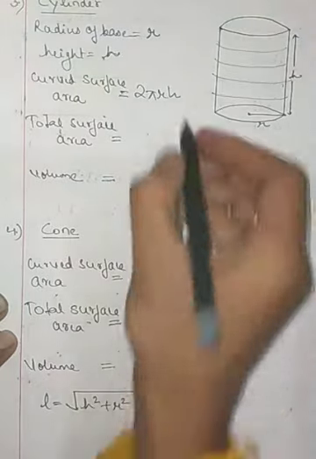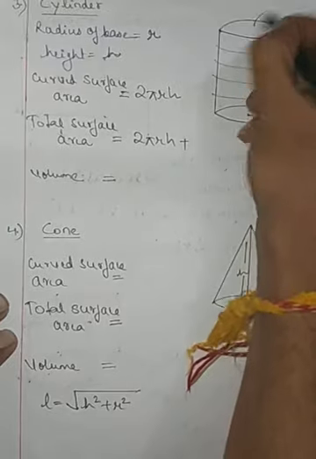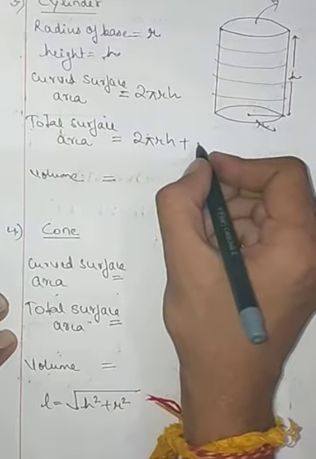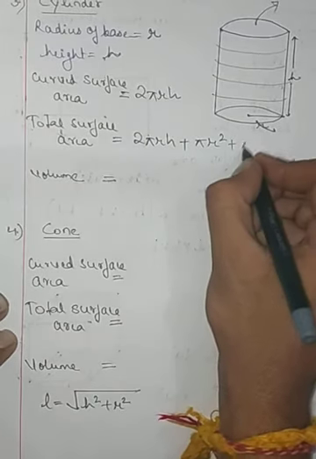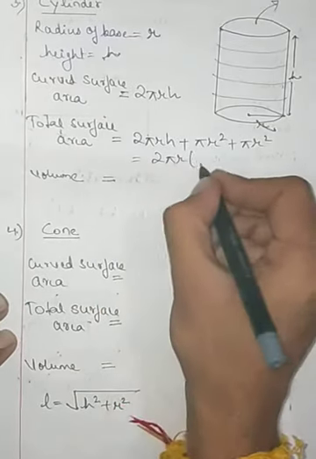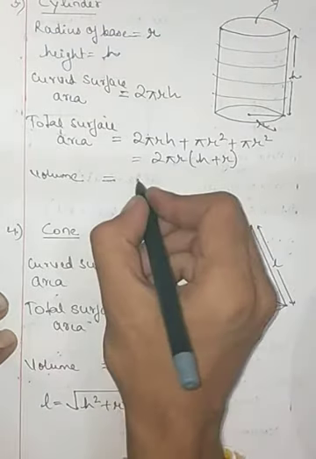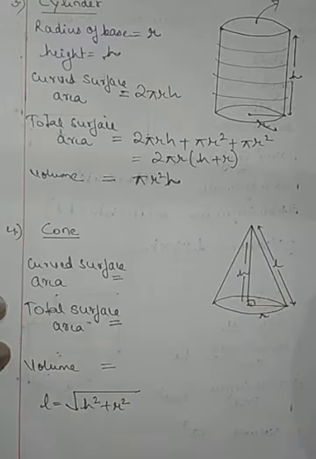Total surface area means this curved portion plus area of the top and area of the base. Area of top is circular, area of circle is pi r square, plus area of the base is again pi r square. So it is given by 2 pi r (h plus r). And volume, you already know, volume is pi r square h.